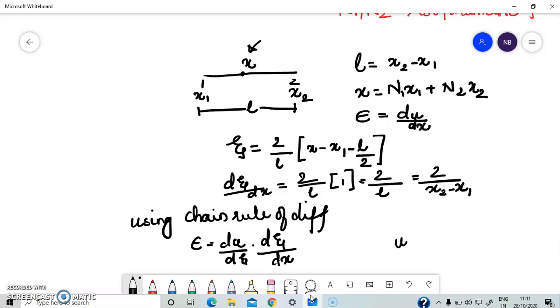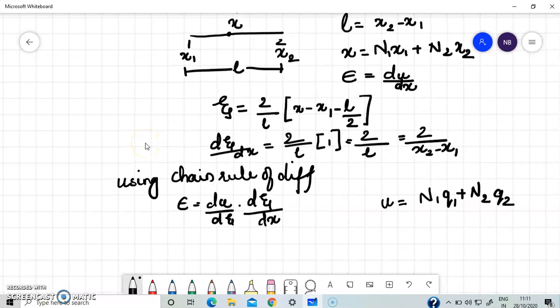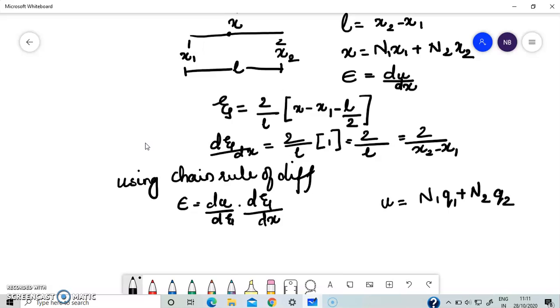We know that u is given as N1 q1 plus N2 q2. Let us substitute for N1 and N2 in this. So we have (1 - zeta)/2 into q1 plus (1 + zeta)/2 into q2.